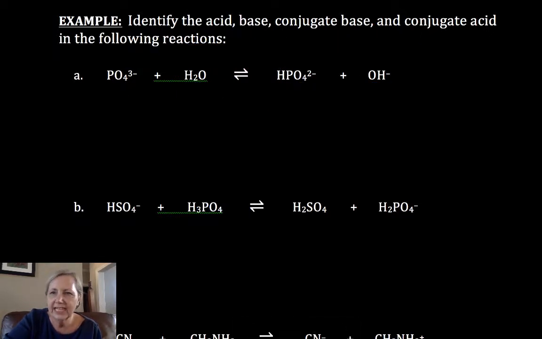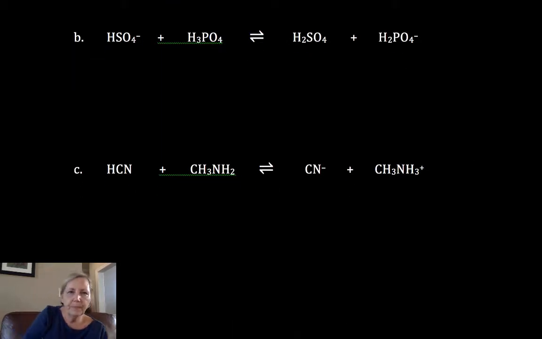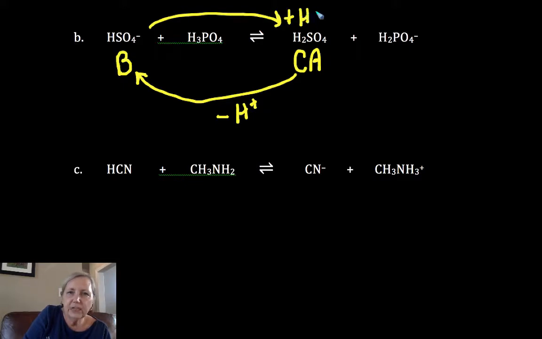So let's take a look at another couple of examples of this. In this forward direction, this is acting as a base because it gained an H plus, forming a conjugate acid. So you notice that in reverse, H2SO4 is losing the H plus, the base gains an H plus, and they differ only by that H and the plus charge.